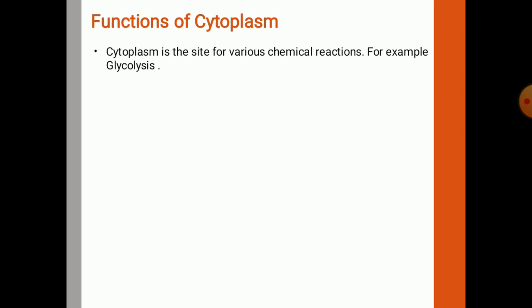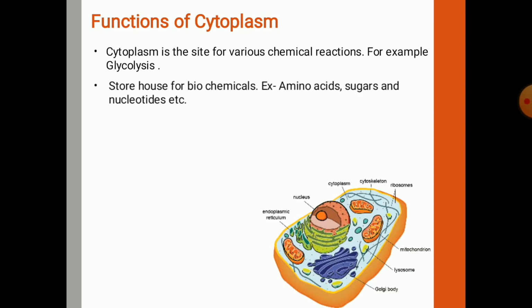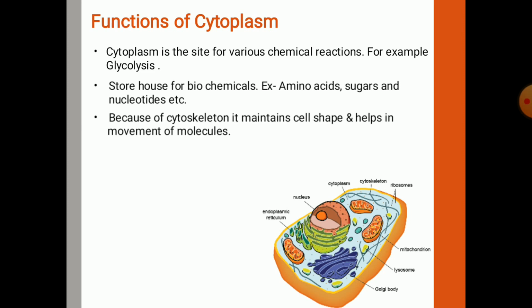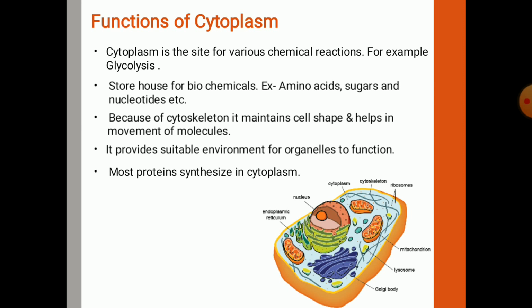And some important amino acids and sugars are also stored here. Because of the presence of cytoskeleton, it maintains a particular shape and it gives a suitable environment for organelles to function properly. And most of the proteins are synthesized in the cytoplasm.